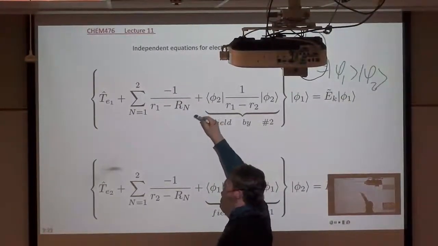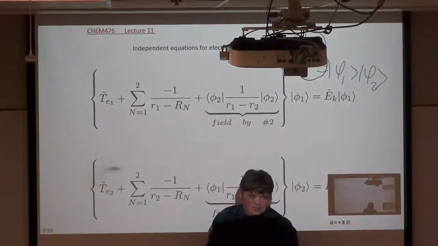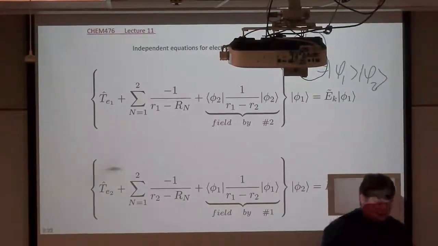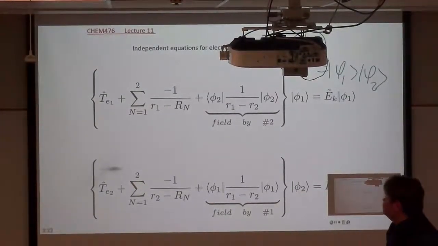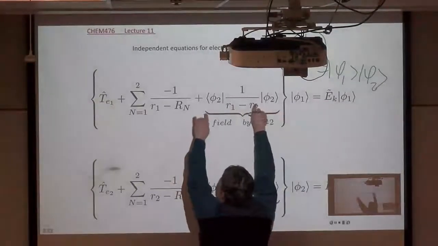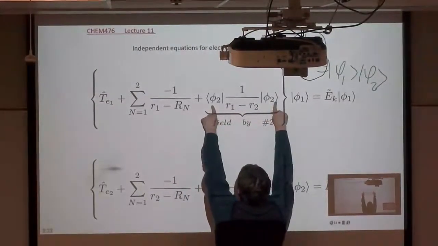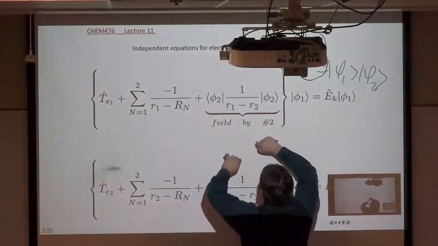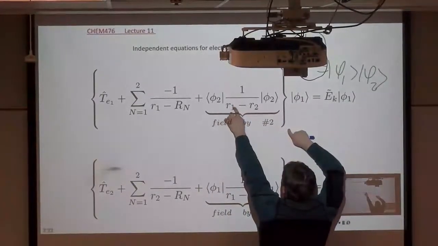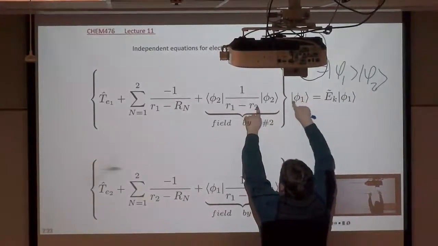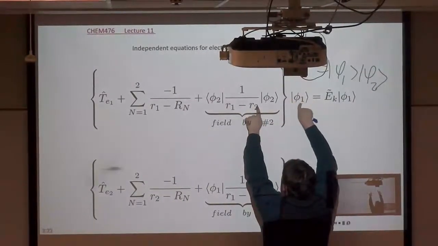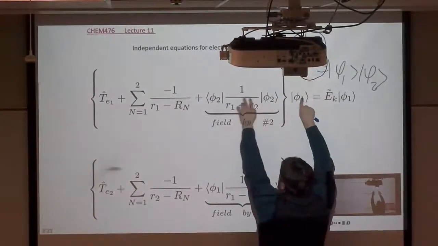And here this is the Fock operator, which includes an additional term that corresponds to Coulomb interaction between our electron in the unknown orbital and the second electron.